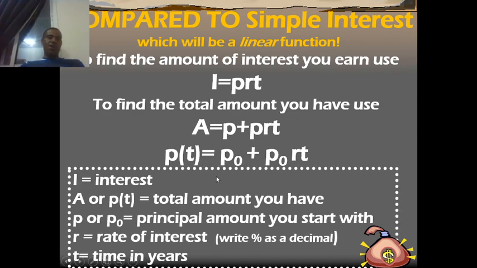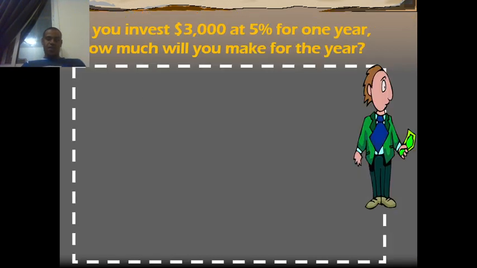So here I is the interest, A or P of t is the total amount you have, P or P0 is the principal amount that you start with, R is the rate of interest, written as a percentage or as a decimal, and t is time in years.